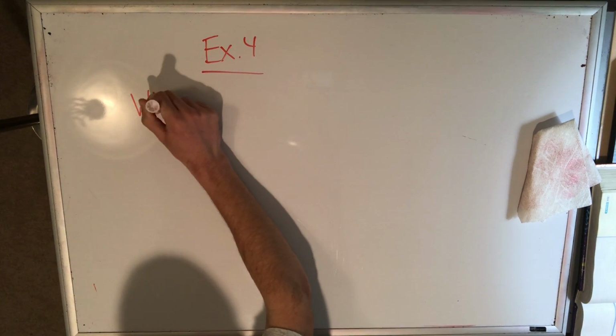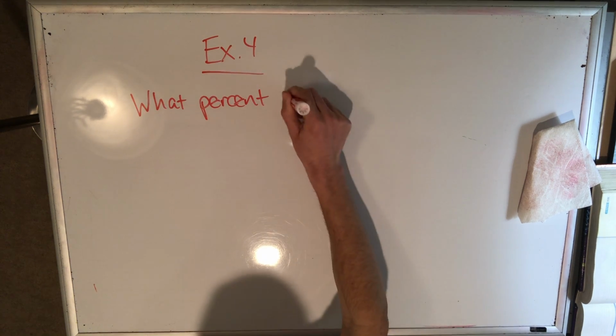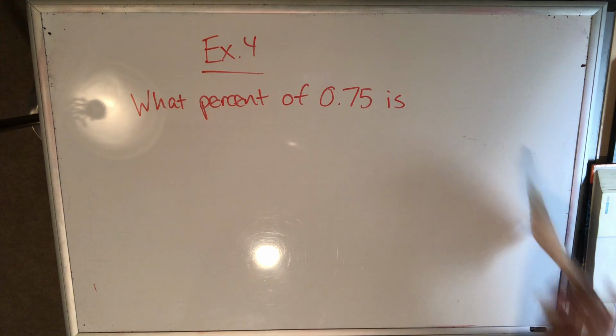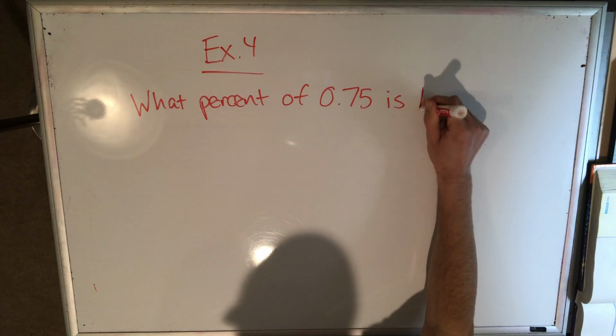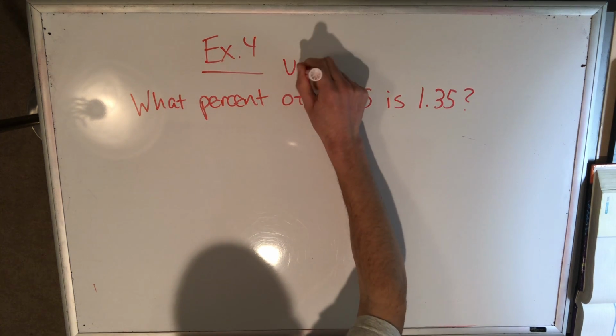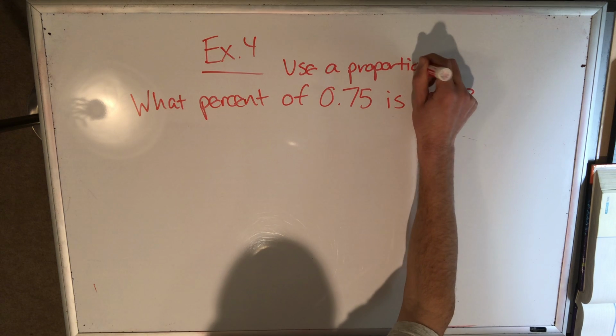So what percent of 0.75 is 1.35? This time we're dealing with 2 decimals. Use a proportion to find the rate.